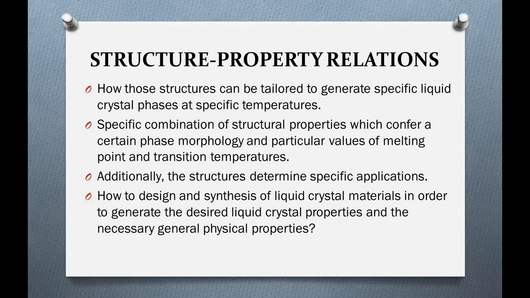So we will focus on those liquid crystals to begin with, and we will think about how they can possibly be prepared and how they can give rise to a very particular phase, so that they can be suitable for a very particular application.